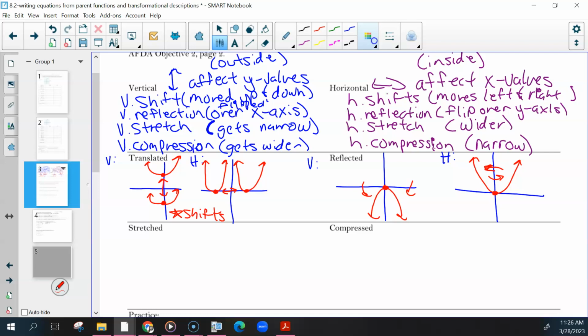I'm going to put a side note for the horizontal that it has to be shifted before it can be seen. Questions so far?